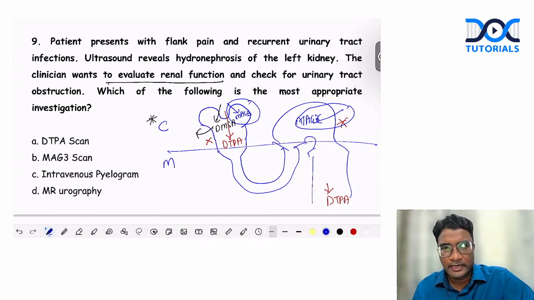We go for mercaptoacetyl triglycine. What does MAG3 stand for? Mercaptoacetyl triglycine. So if they ask you glomerular function, that would be DTPA. If they ask you cortical function, that would be DMSA. But best to look for the radioisotope study for renal function is your MAG3 scan.